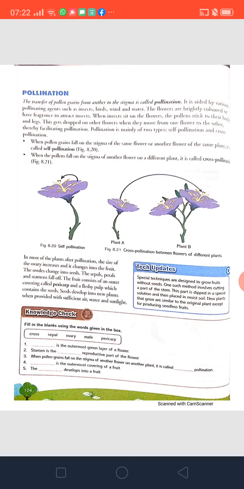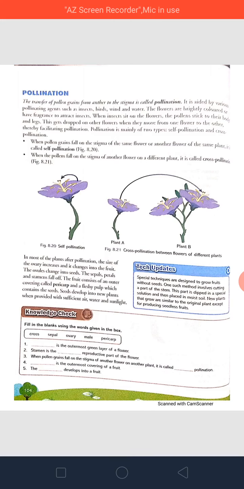In this way, beta, pollination occurs by wind, water and insects, and then fertilization. Fertilization means pollen grains join with the egg, the female gamete, and then fruit formation and seed formation take place. And when this seed gets sufficient air, water and sunlight, it develops into a new plant.